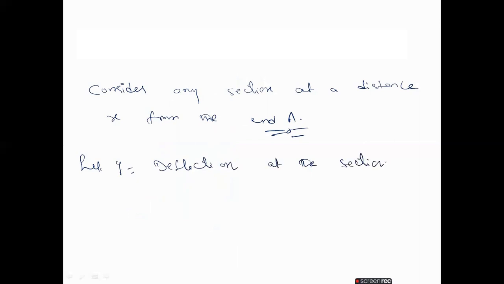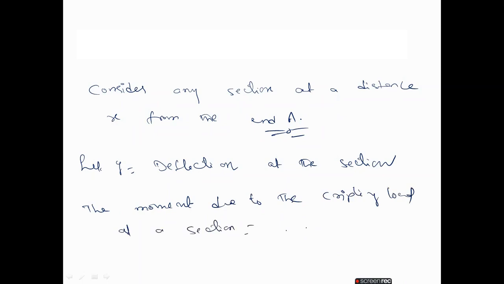Now the moment due to the crippling load at a section is nothing but minus P into y. Why I am taking the negative sign is due to the sign convention.